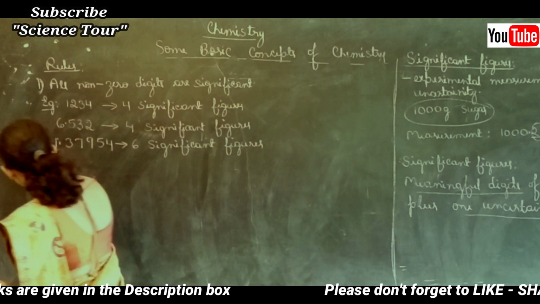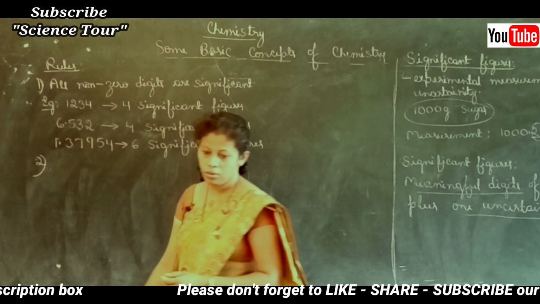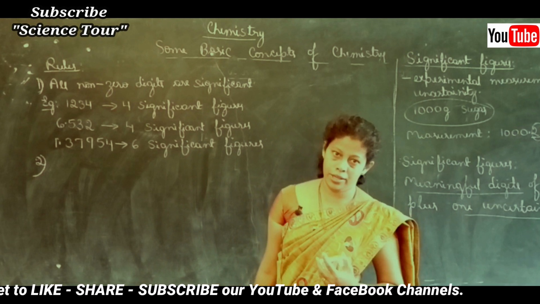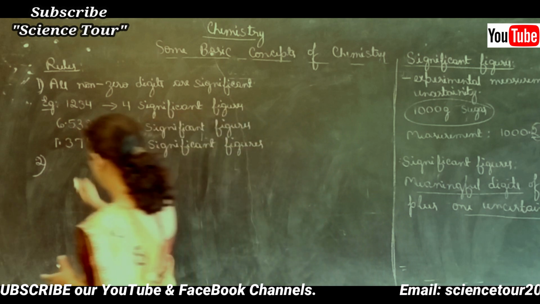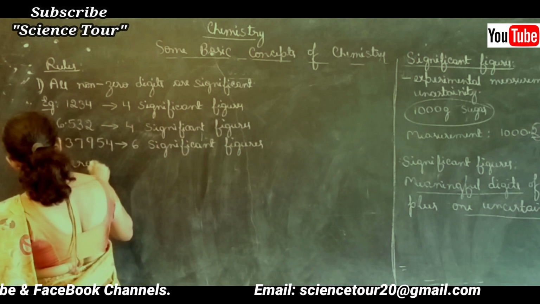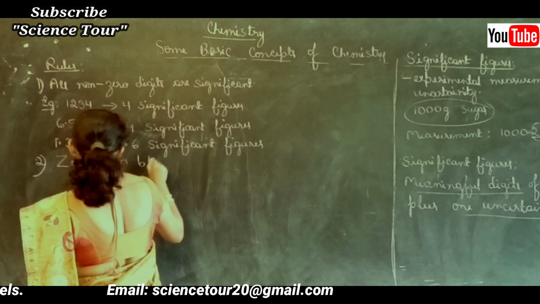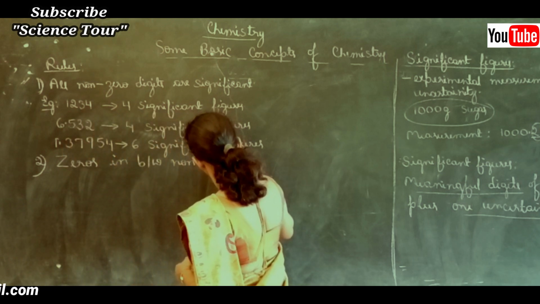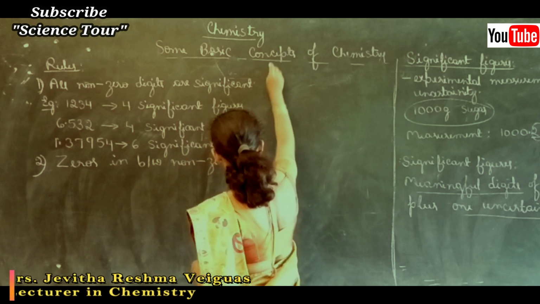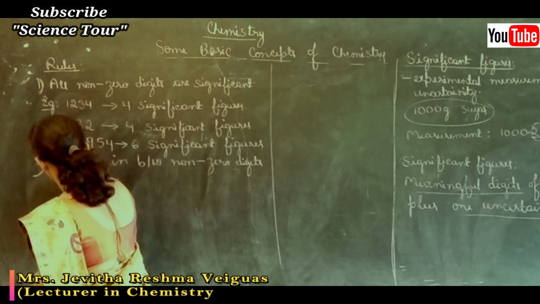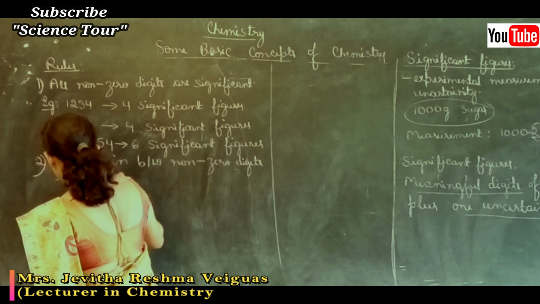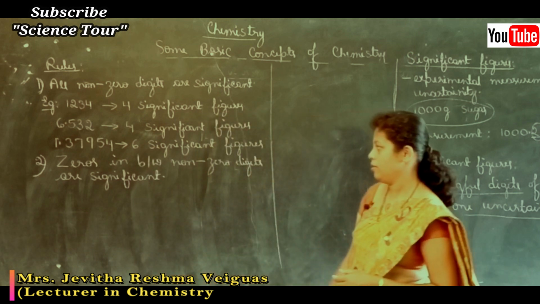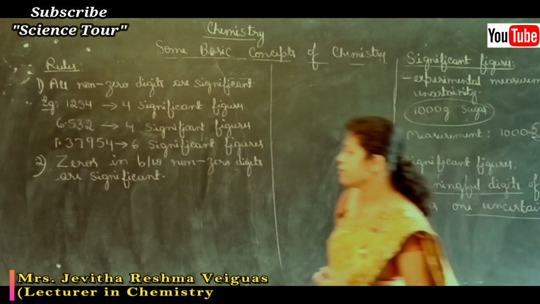Rule number 2. All zeros in between non-zero digits are significant. Zeros which are present between non-zero digits are significant. Let's take examples.